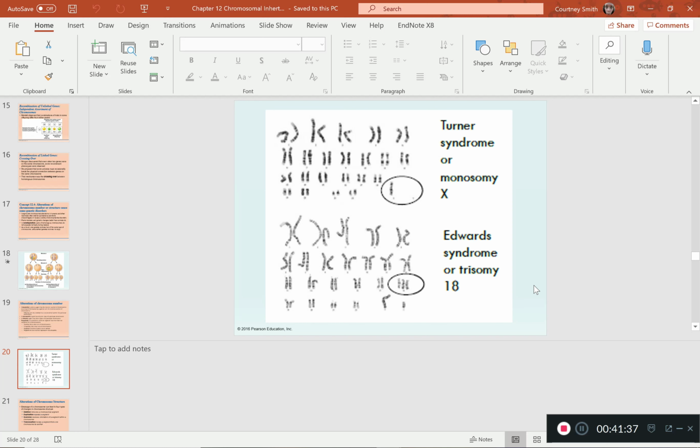Okay, and then the other one that we talked about was Edwards syndrome. So this is a trisomy of chromosome number 18. This happens in numerous ways. It can happen whenever a gamete underwent non-disjunction, or it may even happen during mitosis whenever the fetus is growing. It kind of just depends. But it is the second most common trisomy next to Down syndrome.